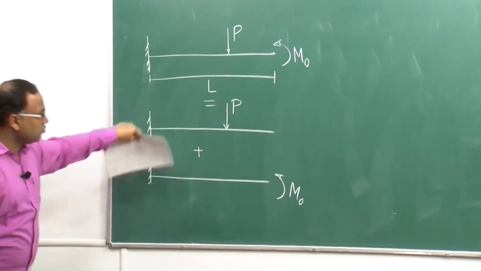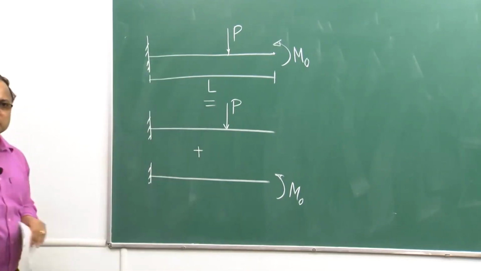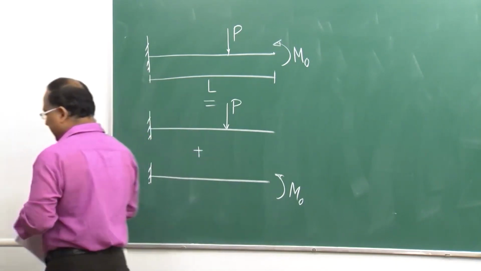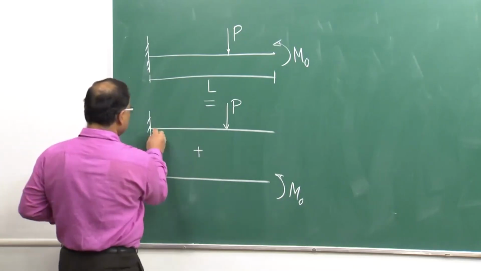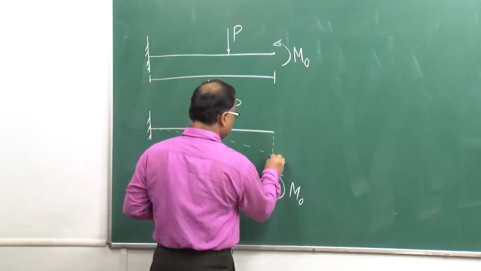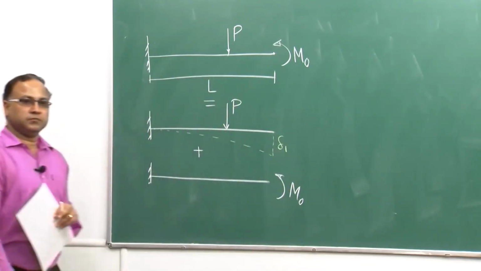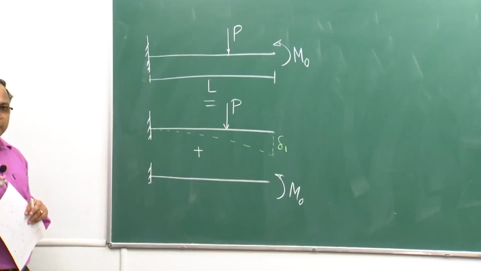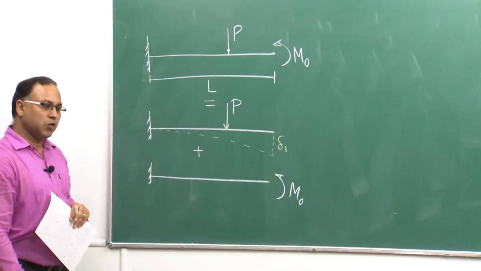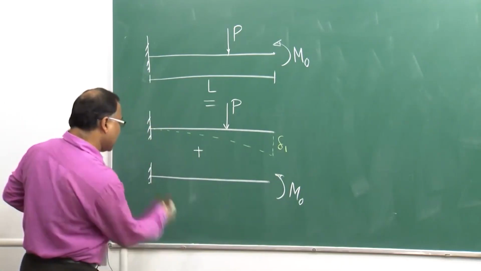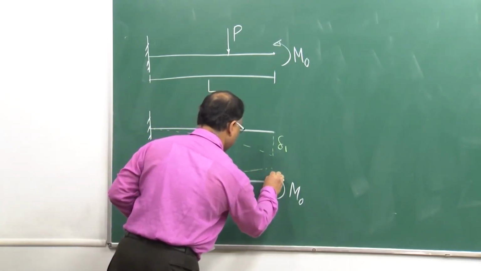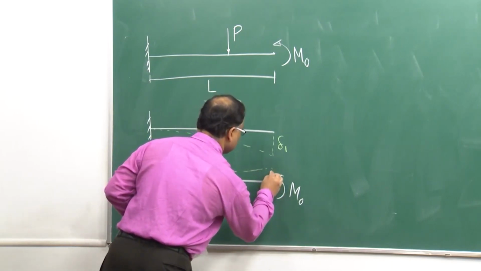Now, if I add these two together, I will get the original system. That is your method of superposition. Under this loading, the deflected shape will probably be like this. So, this is your delta 1, that means the deflection at the free end due to the concentrated force P at this point, and this moment will try to deflect the beam like that, and this is delta 2.